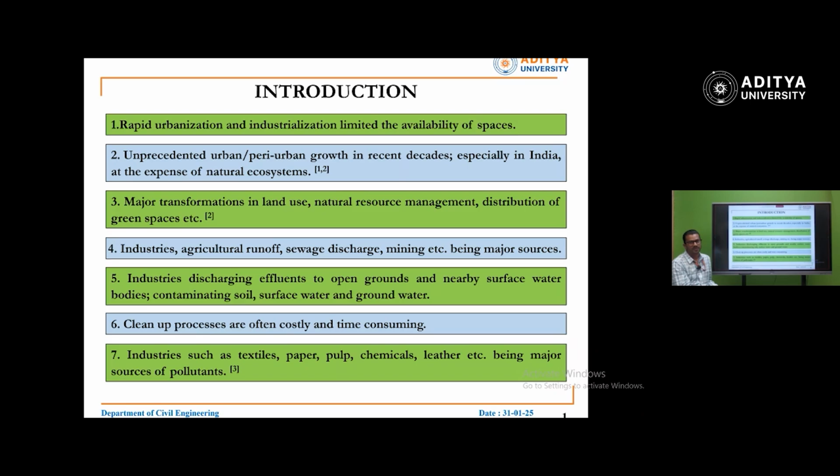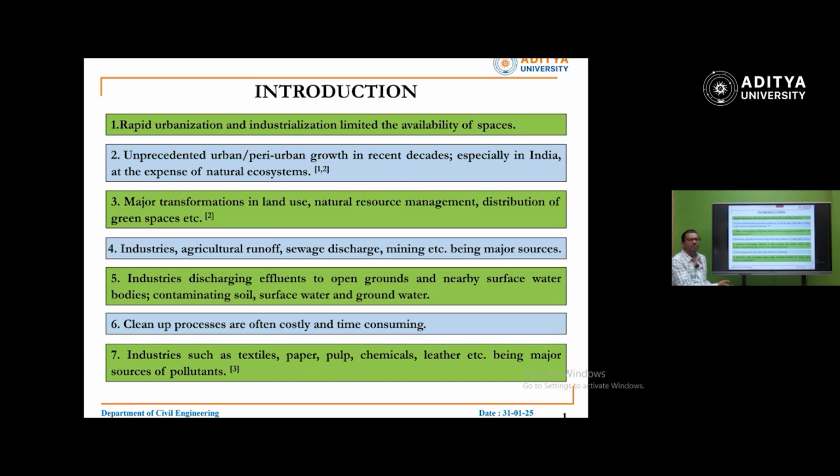That means the green places that were available initially are continuously diminishing because of continuous contamination, continuous discharge of effluents from nearby industries, or encroachment due to population growth, or many other factors. This unprecedented growth, especially in a developing country like India, is happening at the expense of the ecosystems, and the major transformations include natural resource management. There is over exploitation of natural resources, and the existing green spaces are getting reduced due to rapid urbanization, industrialization, as well as population growth.